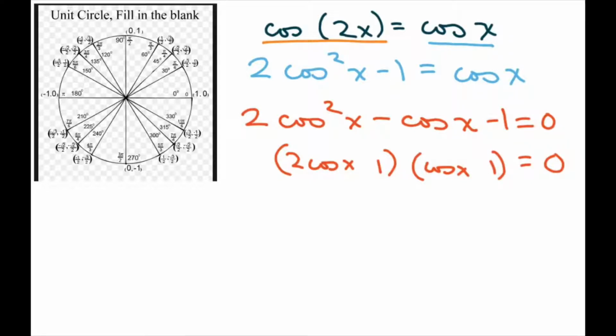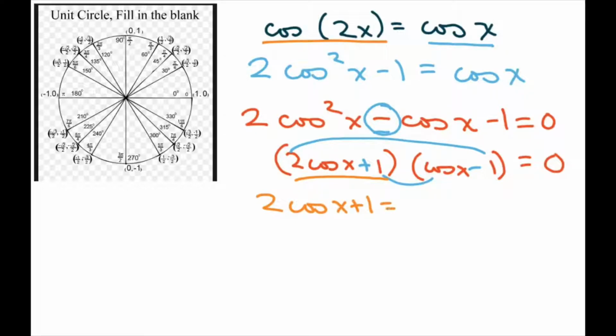Since this is negative, I'm going to make this negative and this positive. It works because you get negative 2 plus 1 here. So now you just solve for x. We set this to 0: 2 cosine of x plus 1 equals 0, and this piece to 0: cosine of x minus 1 equals 0.